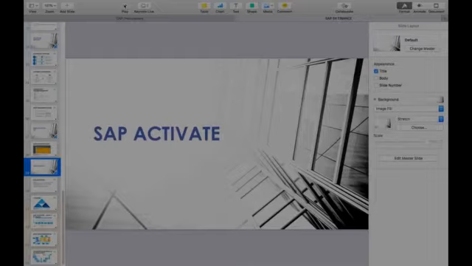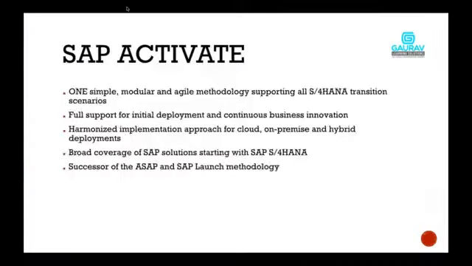And the other thing is, it is simple compared to the ASAP methodology. When you go through the details, you will find out why it is simple. Modular, which means it is divided into different modules. Even SAP ASAP methodology was modular because it was divided into different phases. And agile, this is very important.